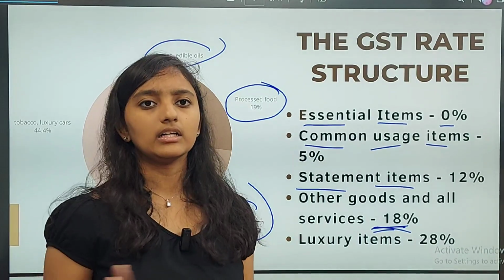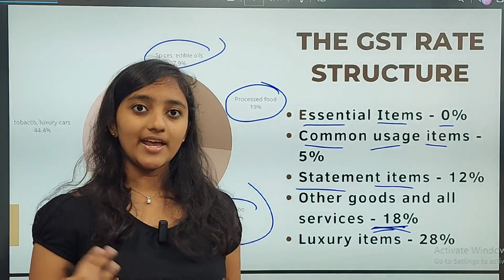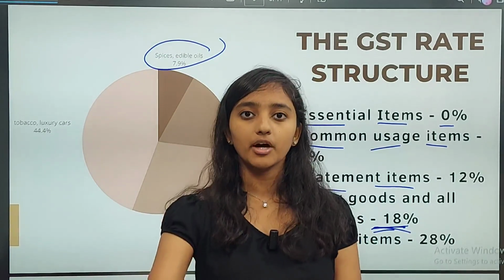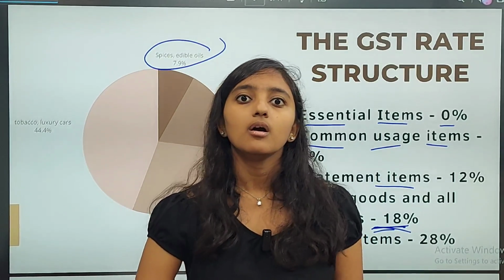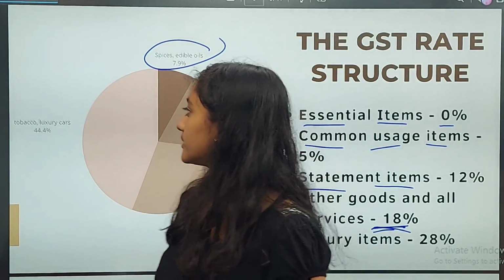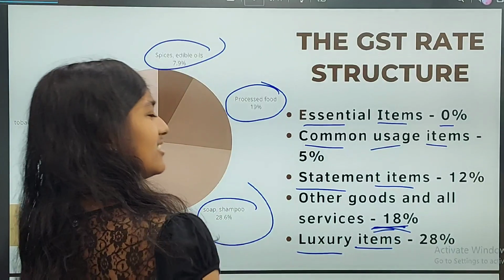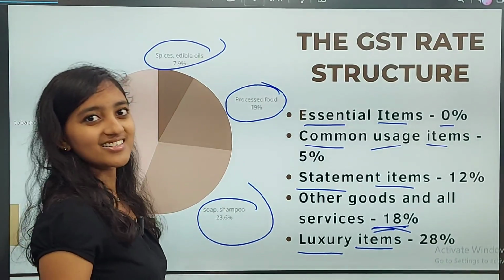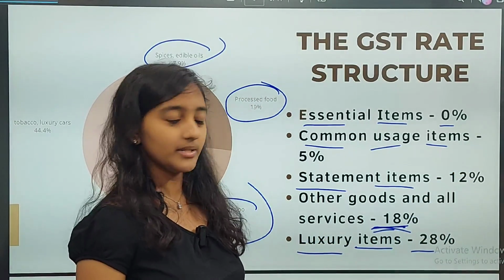Most services and soaps, shampoos, every other normal item will have 18% GST. That is 18% of the MRP of the particular item will be charged extra and go as GST, right? Then next is the highest, which is luxury items, and a lot of items like tobacco, luxury cars, वो सबका GST is 28%, right?